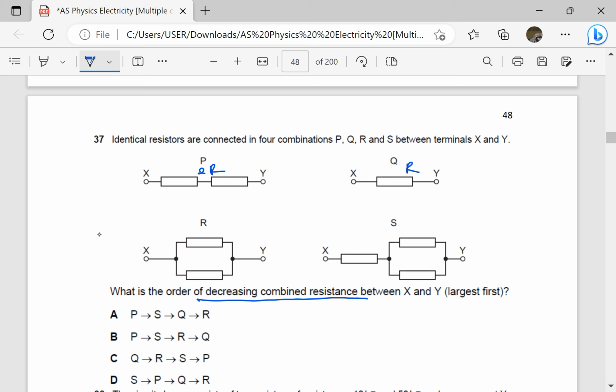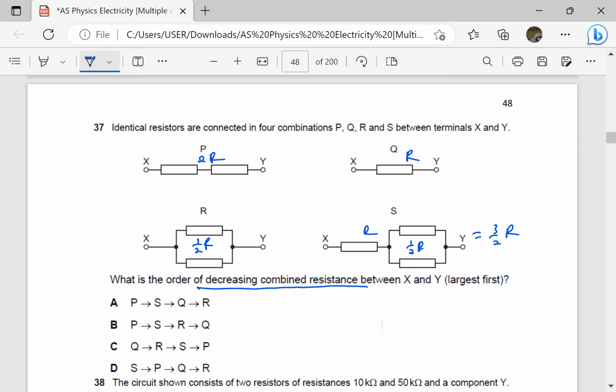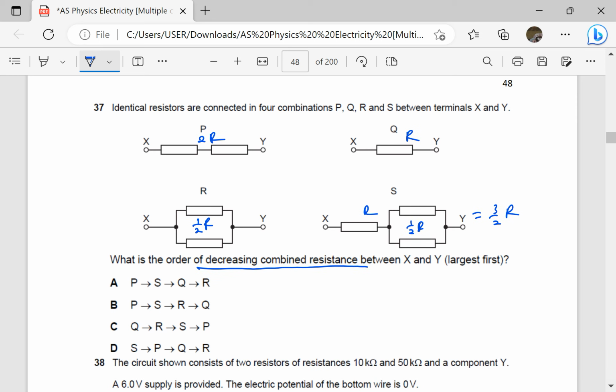This is R. And this is going to be a half R because they're in parallel. So this one is a half R plus R, which is going to be 3 over 2 R, 1.5 R. So the largest is P.